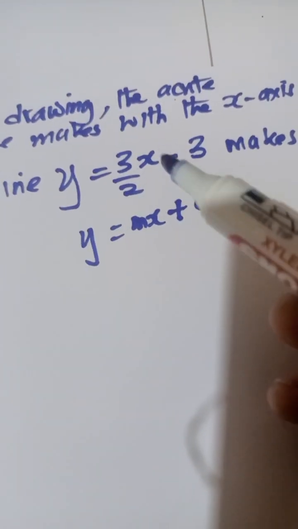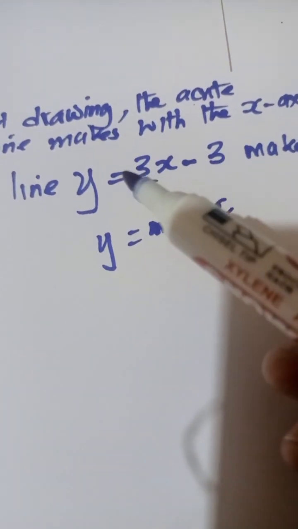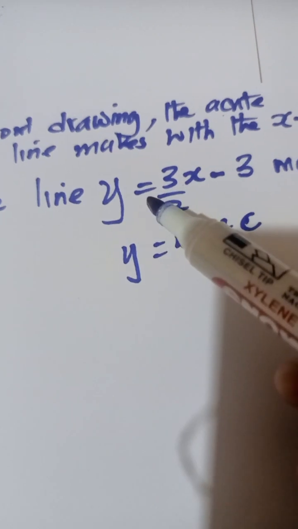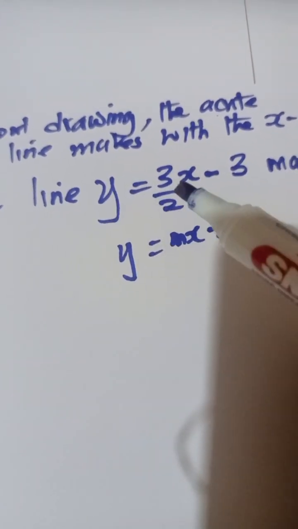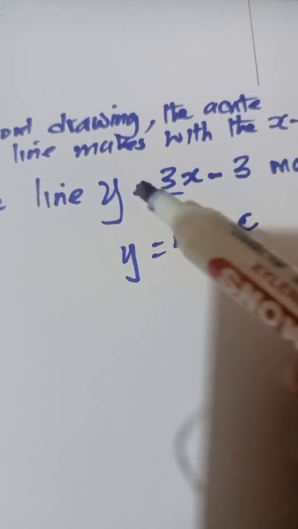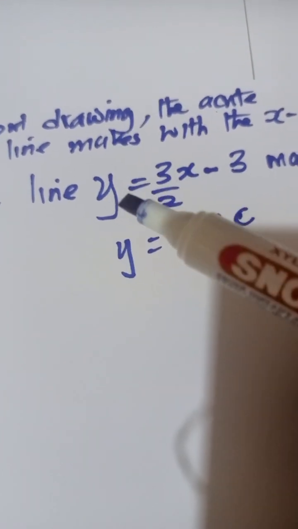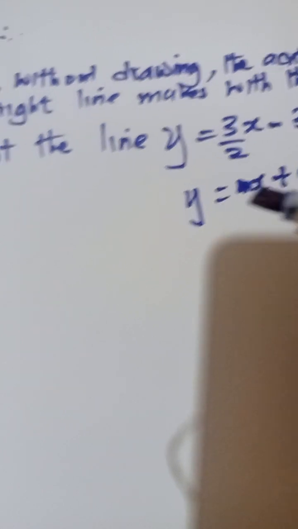And then when you substitute 0 for y in this equation, the value of x that we find is the x-intercept.